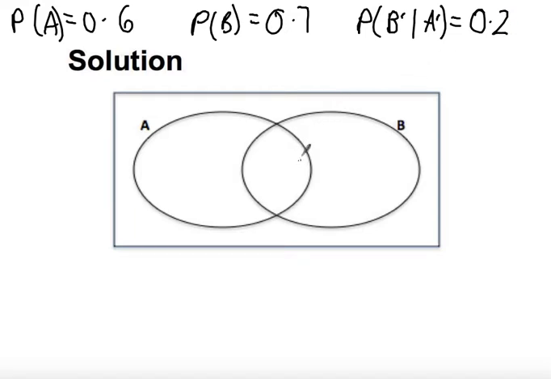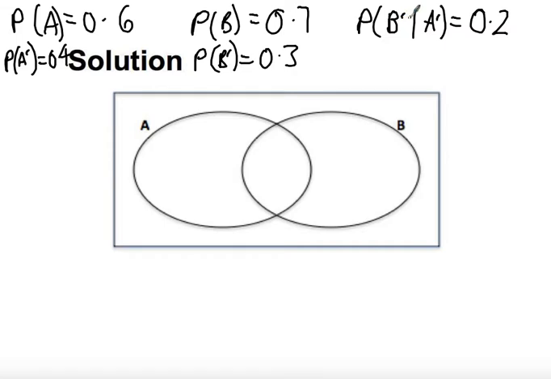Okay, the thing to note here is that if you've got the probability of A, you've actually got the probability of A complement, because A and A complement add up to 1, so that's 0.4. If you've got probability of B, then you've also got probability of B complement. That would add up to 1, so that's going to have to be 0.3.